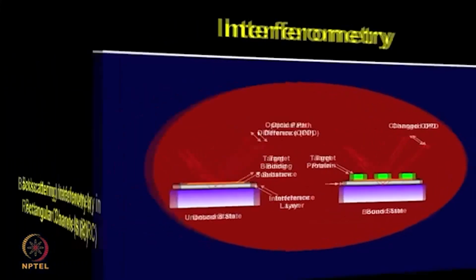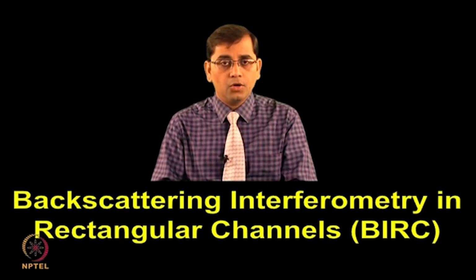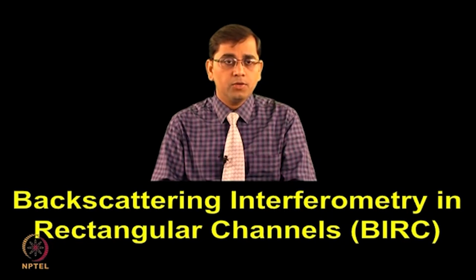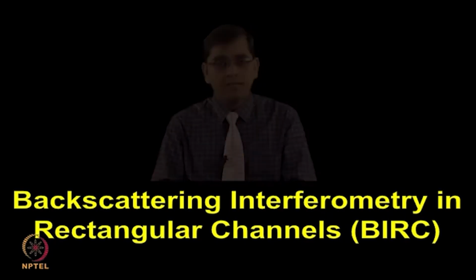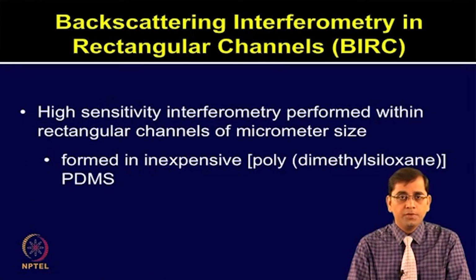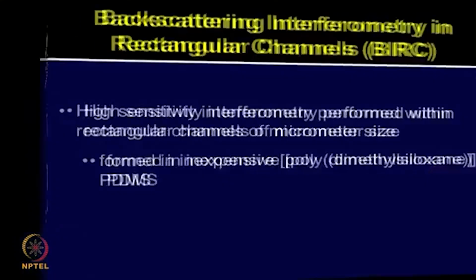is measured here. One of the interferometry techniques is BIRC or back scattering interferometry in rectangular channels. Let us briefly discuss this technique. This is a highly sensitive interferometry approach performed within rectangular channels of micrometer size, which are formed in inexpensive PDMS printed on surface.